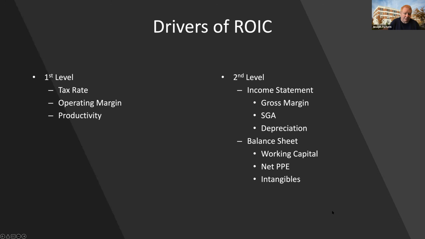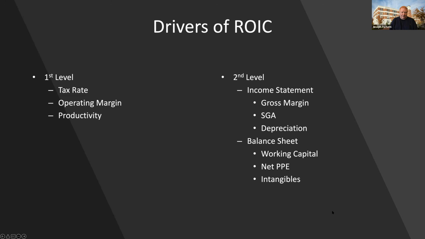And there will be 2 levels of analysis that we'll do when we break down and analyze ROIC. Something called the first level drivers. ROIC is always a function of 3 things, same things repeatedly: tax rate, operating margin, productivity.